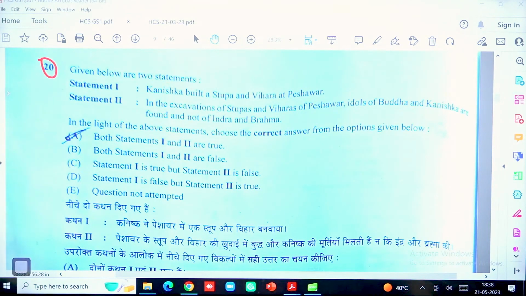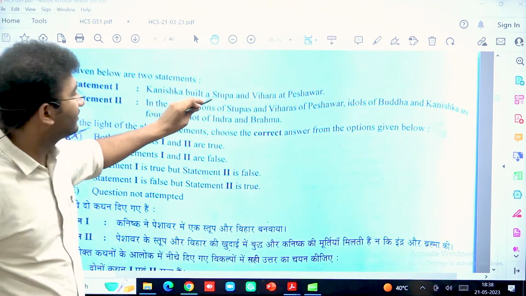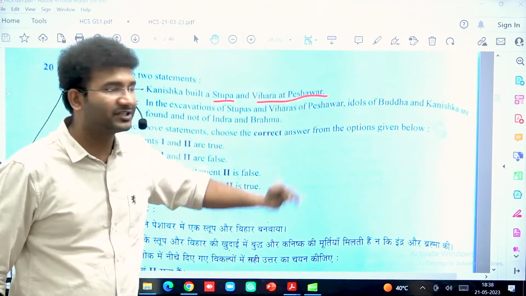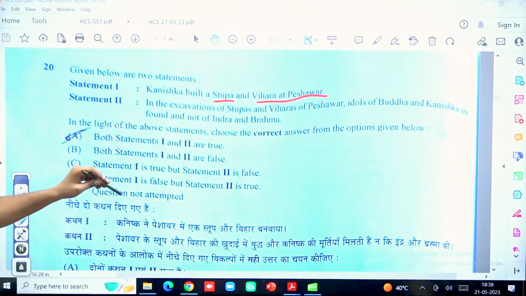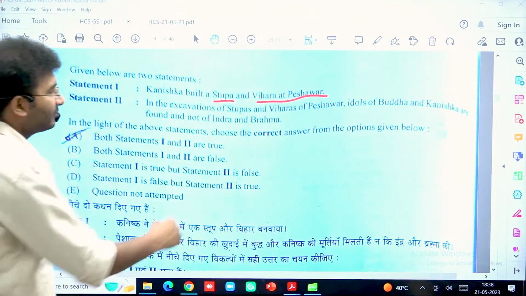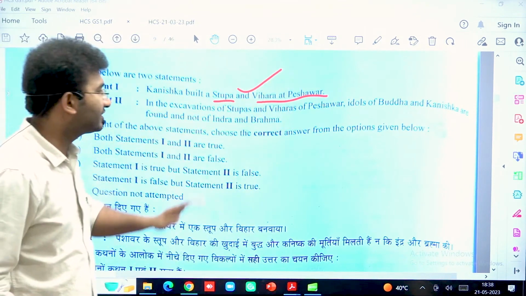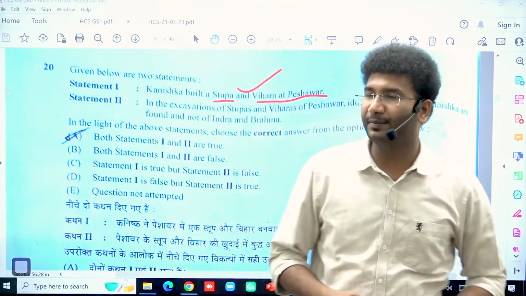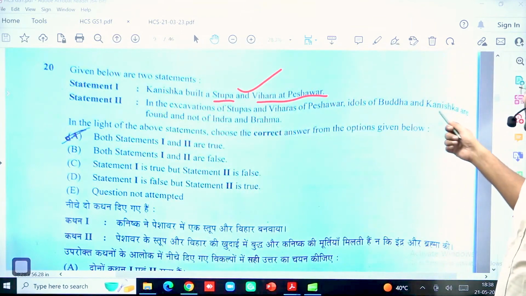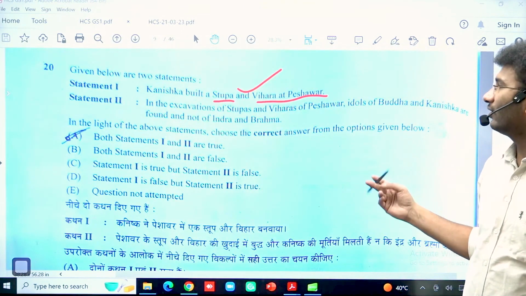Question number 20. Now it is again a statement based question. Given below are two statements. Statement 1: Kanishka built a stupa and vihara at Peshawar. Is this a right statement? Yes, it is right. Statement 2: In the excavations of the stupa and viharas of Peshawar, idols of Buddha and Kanishka are found and not of Indra and Brahma.